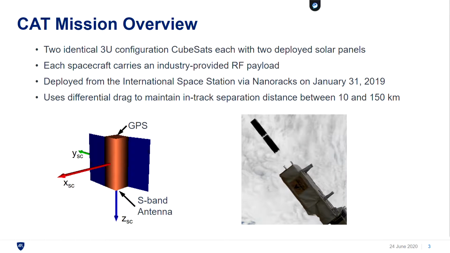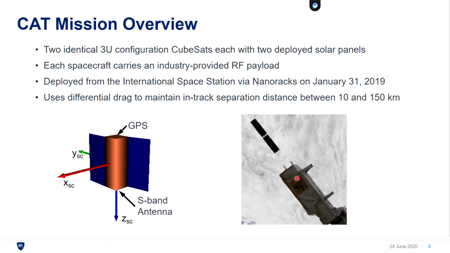The CAT mission consists of two identical 3U CubeSats, each with an industry-provided RF payload. And you can see here that each spacecraft has two deployed solar panels, an S-band antenna on the positive z-axis, and a GPS on the negative z-axis. The spacecraft were deployed from the International Space Station on January 31st, 2019.